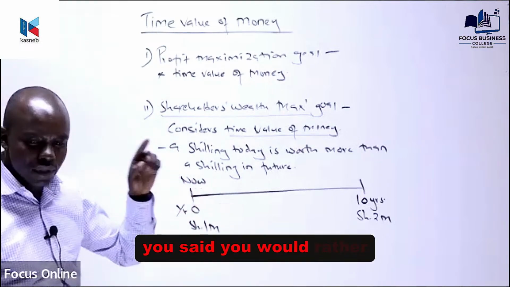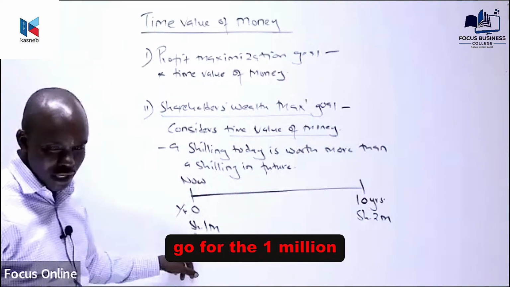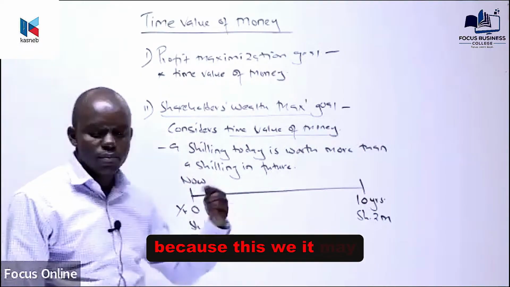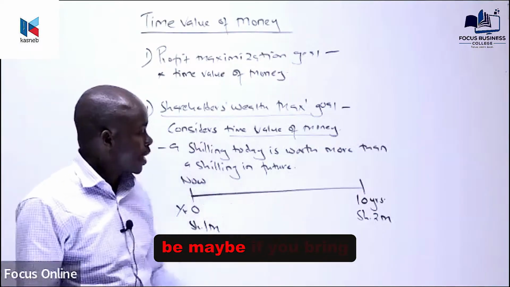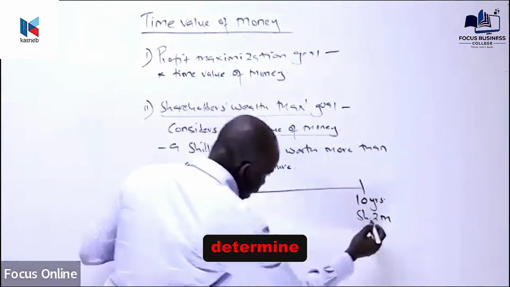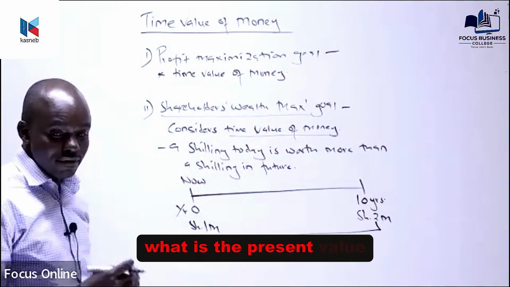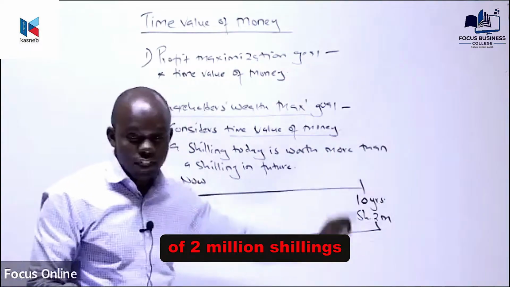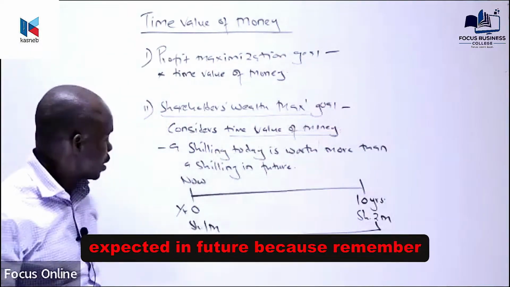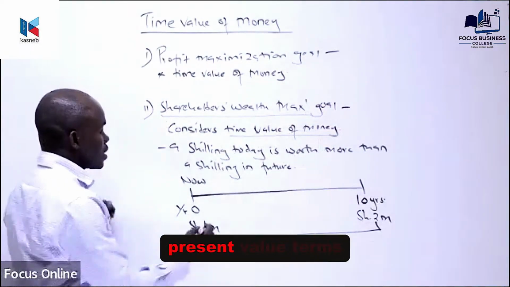You said you would rather go for the 1 million, maybe if you determine what is the present value of 2 million shillings expected in future, because remember, this 1 million is in present value terms.